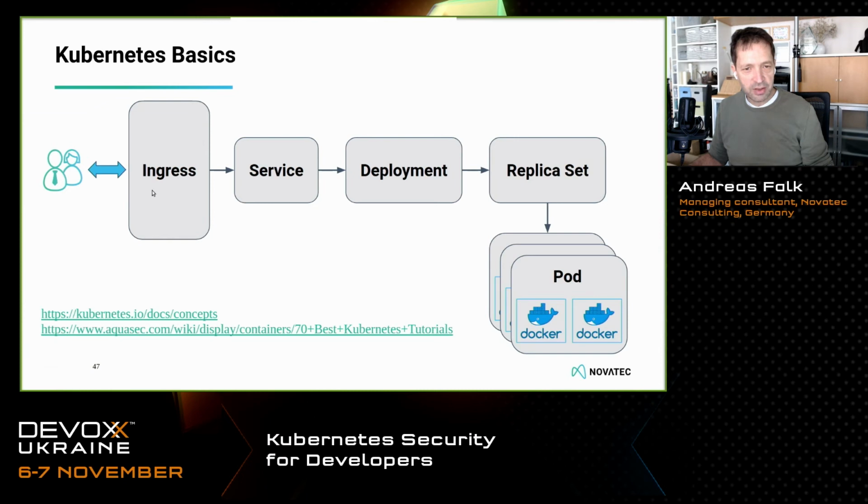Your service also deals with finding your pods. If you have several instances, it does load balancing over the pods you're running. It just uses one of the pods, and the ingress opens up a port to the outside world, for example. This is usually handled by your cloud provider.